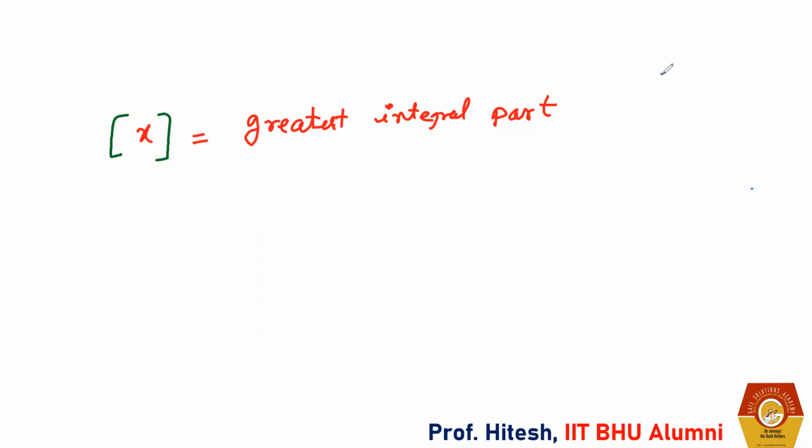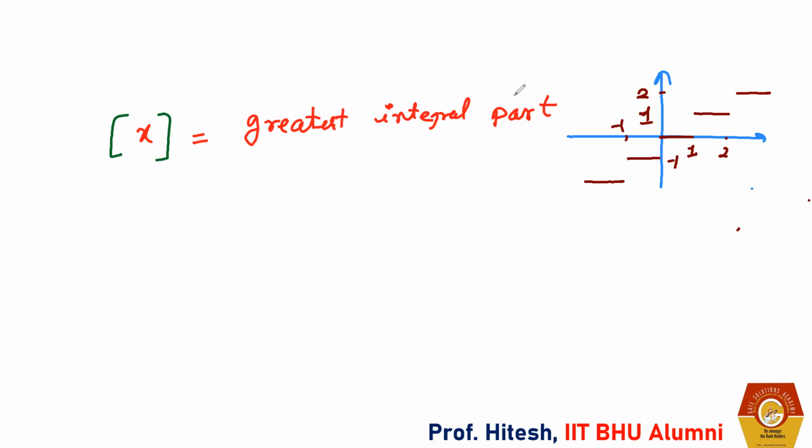Okay, so from 0 to 1 its value is 0, between 1 to 2 its value is 1, from 2 to 3 its value will be 2, like this. Minus 1 to 0 its value will be minus 1, from minus 2 to minus 1 its value will be minus 2, like this.